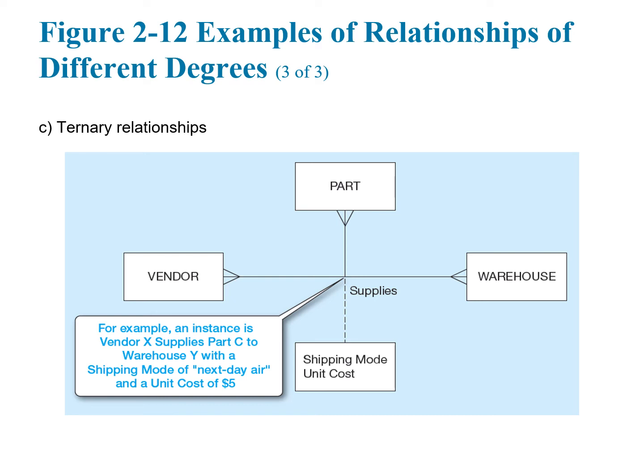The dashed box is a way of representing the attributes of the relationship for a given vendor supplying a given part to a given warehouse. There is a shipping mode and a unit cost. Each of these ternary relationship instances could have its own shipping mode and unit cost.